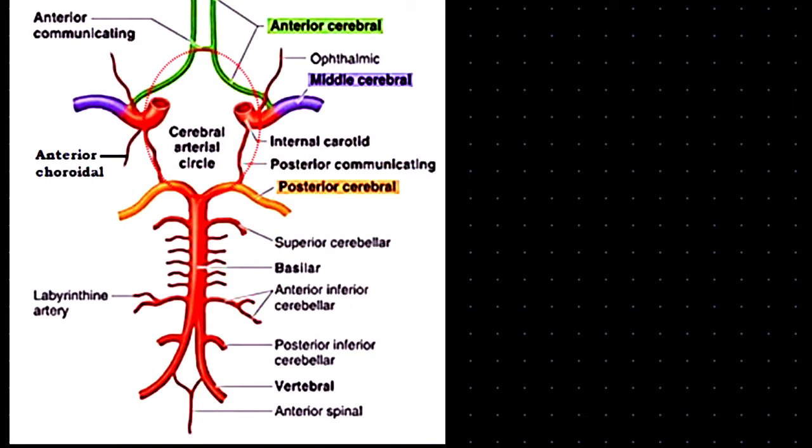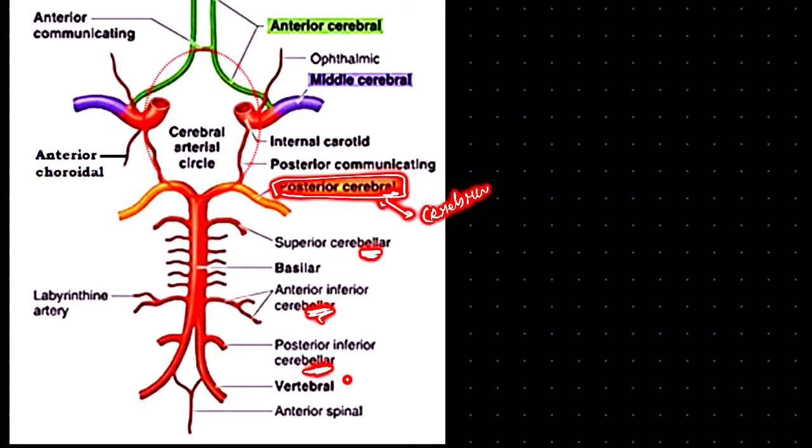Now at the end of the basilar artery, I would like to add that this posterior cerebral artery supplies the posterior cerebrum. Here we are talking about cerebral, not cerebellum.